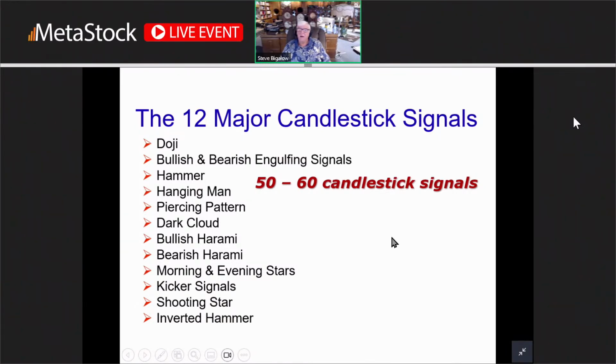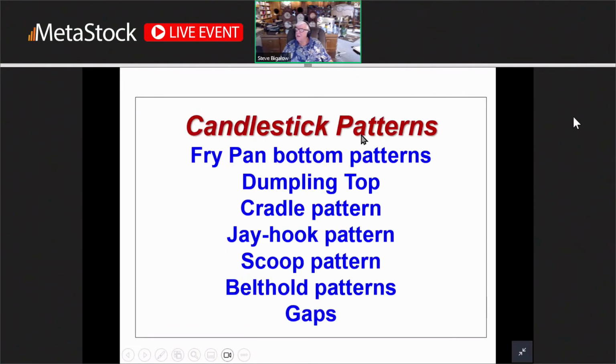And we've even narrowed it down to where there's about 4 or 5 that, just using simple scanning techniques with Metastock, you're going to find the best ones, the most powerful ones. So you not only have the 12 major signals, but you have these patterns.